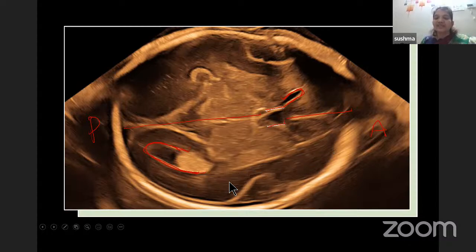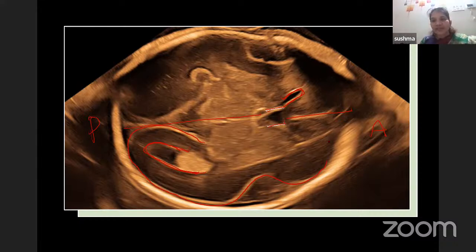Brain parenchyma is a hypoechoic structure, whereas hyperechoic structures are the cranial vault and pia mater and dura mater, the brain coverings, they are all echogenic structures. So brain is covered by pia mater, and this lining here that we see is the pia mater that is covering the brain. This is the reason we are seeing this structure as echogenic structure.